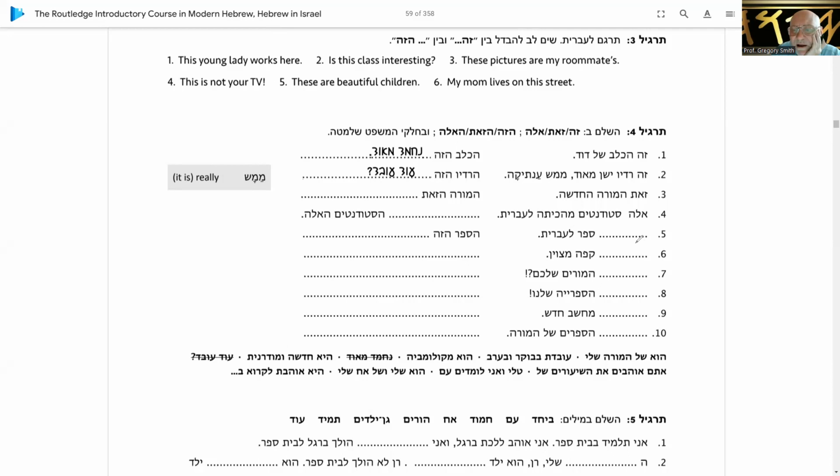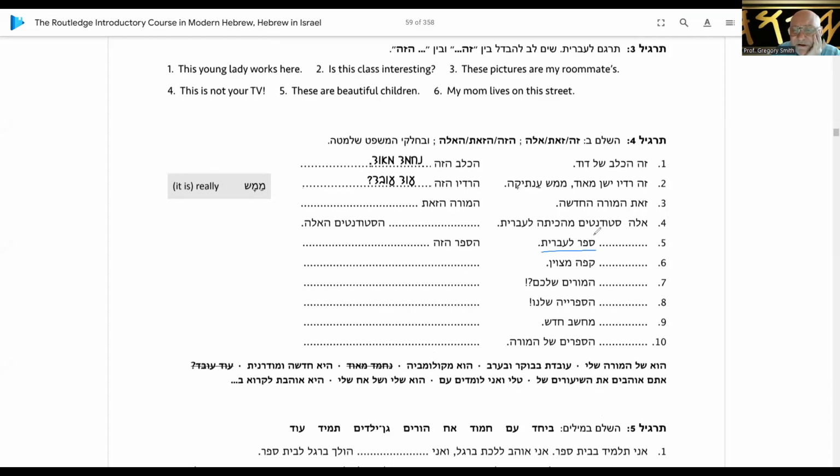Okay, so number 5, Sefer le'Ivrit. So this is like the book for Hebrew. I'm going to go with Zeh Sefer le'Ivrit, this is a Hebrew book, right? And what if you say HaSefer Hazeh? So it's like this book.